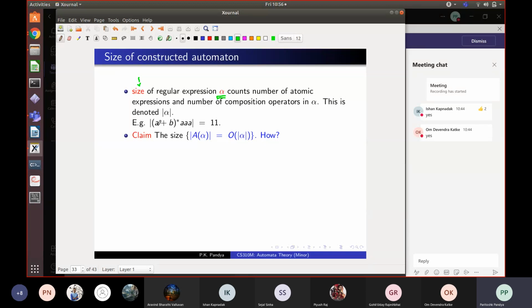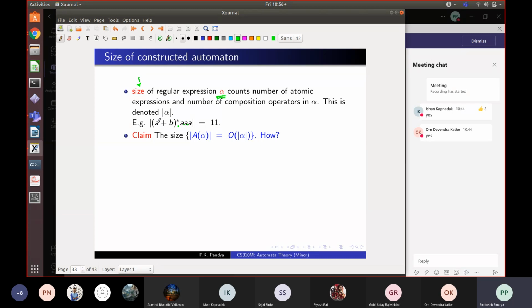So suppose we have the expression (a plus b) star, bracketed, followed by aaa. Remember, there is an implicit dot here. We don't write it, but there is a dot. So what do we have? How many symbols are there in this?